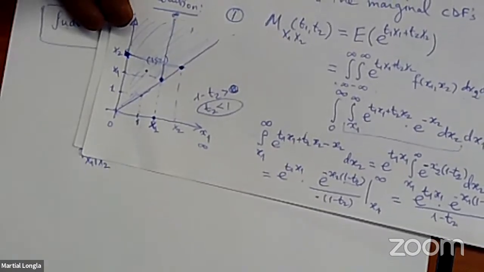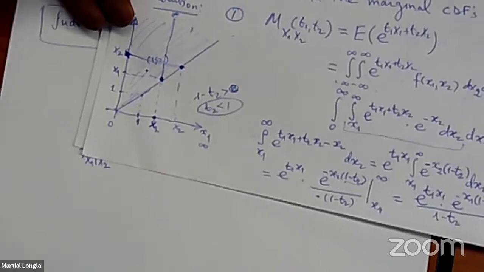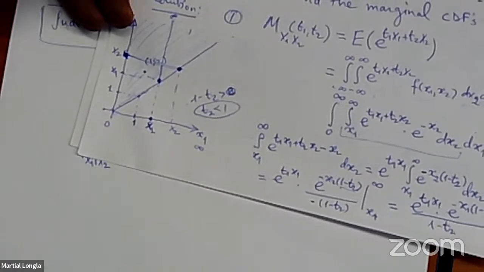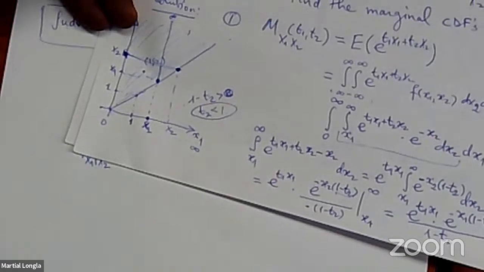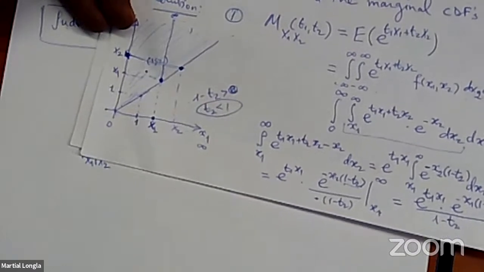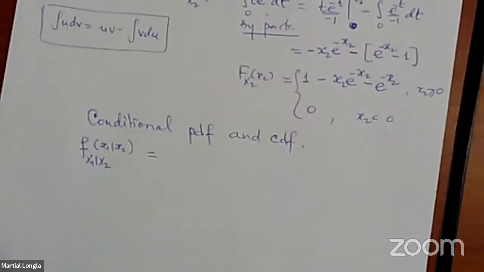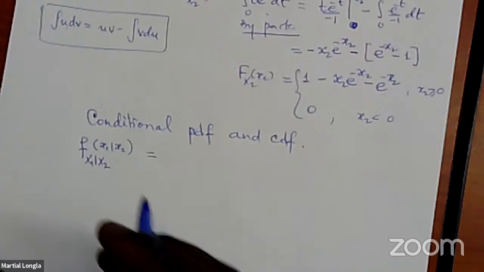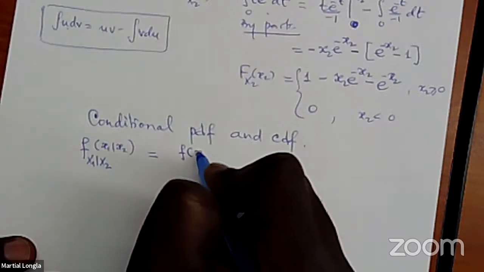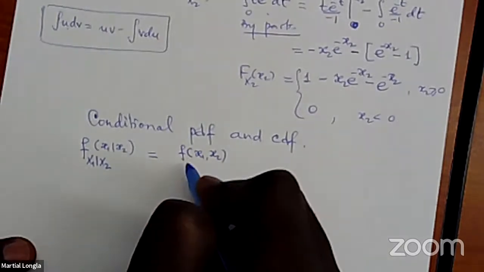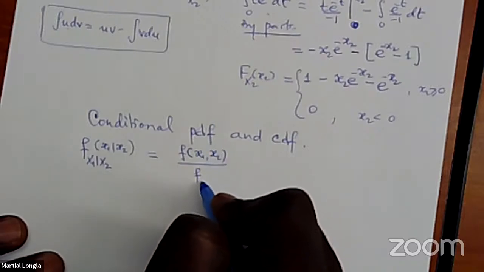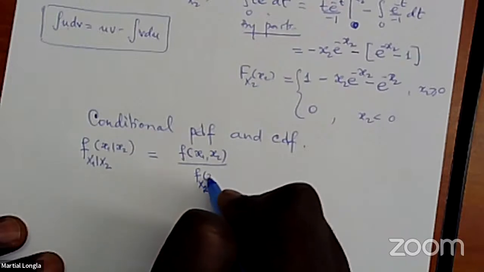And that is important when you're modeling something where you have the choice of fixing a level of one variable. You can fix a level of one variable, not change it, and have things vary among other variables, and then you use that to have inference on what is happening. And so here the definition is simple. It is the joint distribution of x1, x2 divided by the marginal PDF of x2.